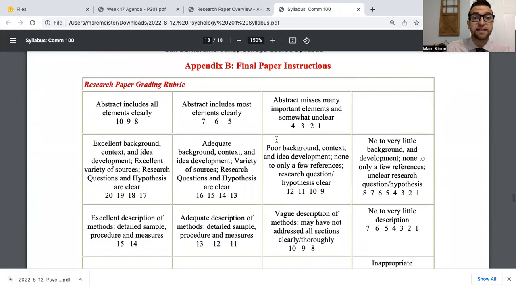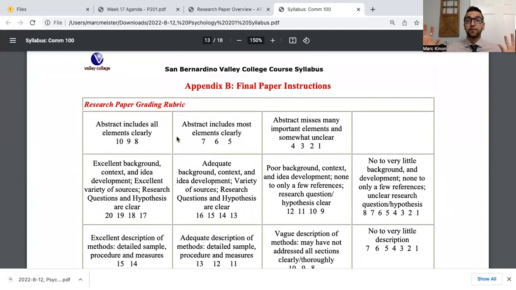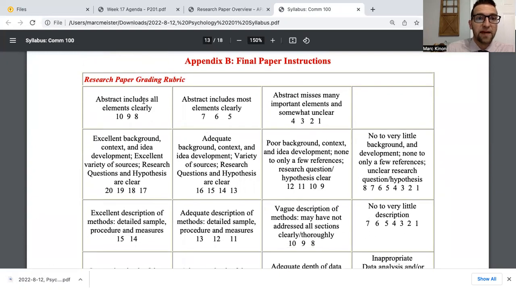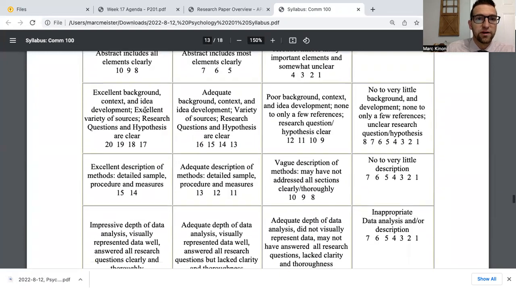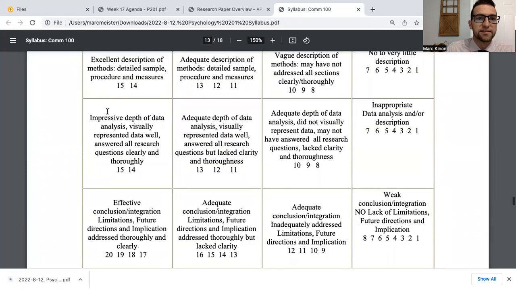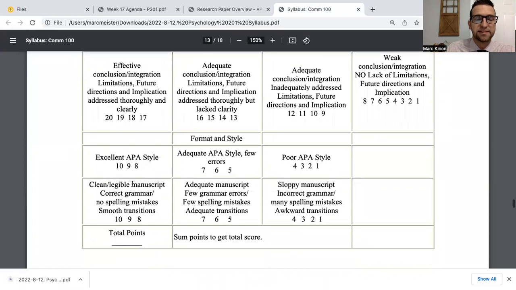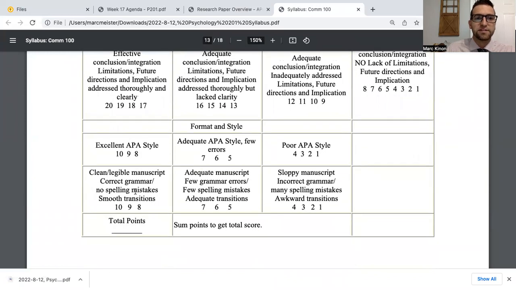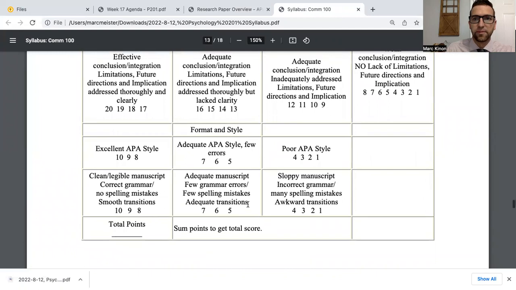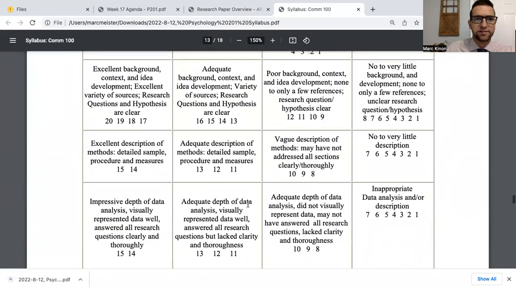So then for every section of your paper, you can take a look and see if you're going to get all of the points in your opinion. And this is exactly the grading sheet I'm going to use when I grade your paper. Abstract, intro, methods, results, discussion, APA style, stuff like grammar, spelling. Okay. So make sure you take a look at that.